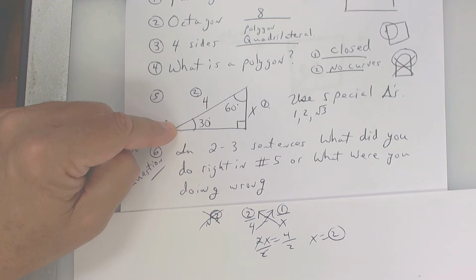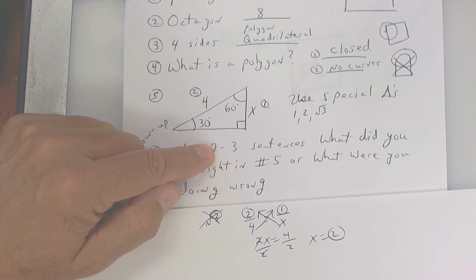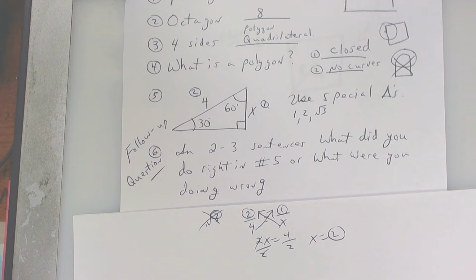What would you caution someone to be careful about? All right, so just take a minute or two and give me 2 to 3 sentences on your bell work and answer those questions. What did you do right? What did you do wrong if you did something wrong? And what might someone else do wrong? And what would you tell someone to be careful with if you were trying to teach them?